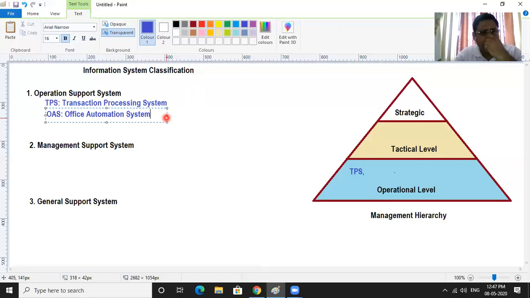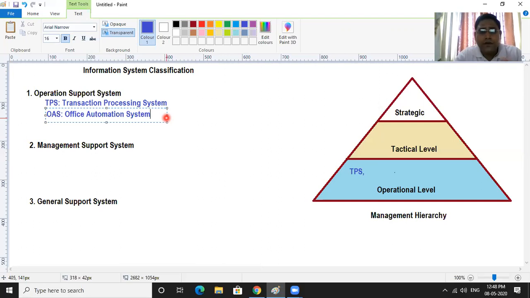So we need to automate our office, utilizing our shared resources. For example, if a company has two buildings nearby, to communicate between these two buildings, these sorts of automations are taken care of in the office automation system.